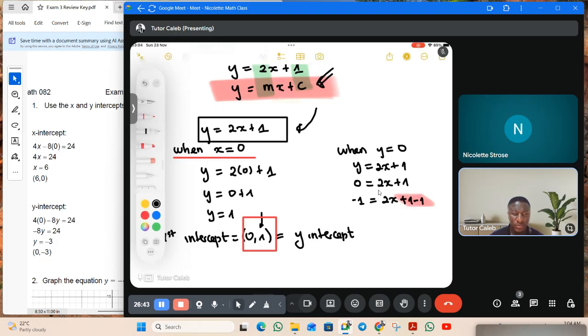Can you see my screen? Yes. It's like I'm writing, but it's not appearing. I see minus 1 equals 2x plus 9 subtracted by 9. No, it's 1, not 9. Oh, that's 1. That's not 9. Let me try to share my screen again.